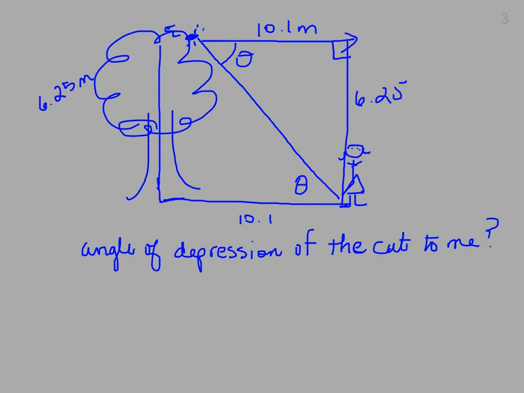Now, I don't know the hypotenuse. I don't need to know the hypotenuse. What I need to know is what that angle is, and I'm using opposite and adjacent. Now, if I point directly from my angle straight out, that gives me opposite. The one right next to it, that's adjacent. Opposite and adjacent gives me tangent. So I'm going to have tangent of theta is equal to opposite over adjacent.